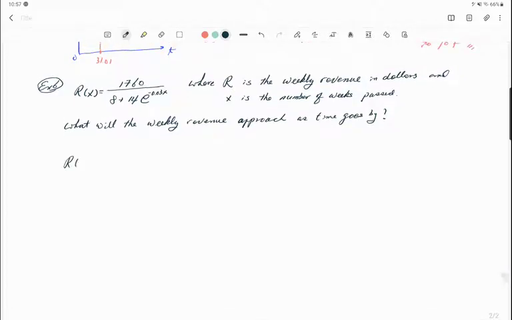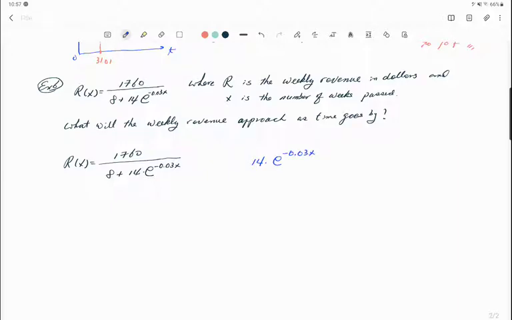So look at this. There is really interesting information: 8 plus 14 times e to the negative 0.03x. Look at these parts. The exponent of e is negative, right? So look at this, 14 times e to the negative 0.03x.